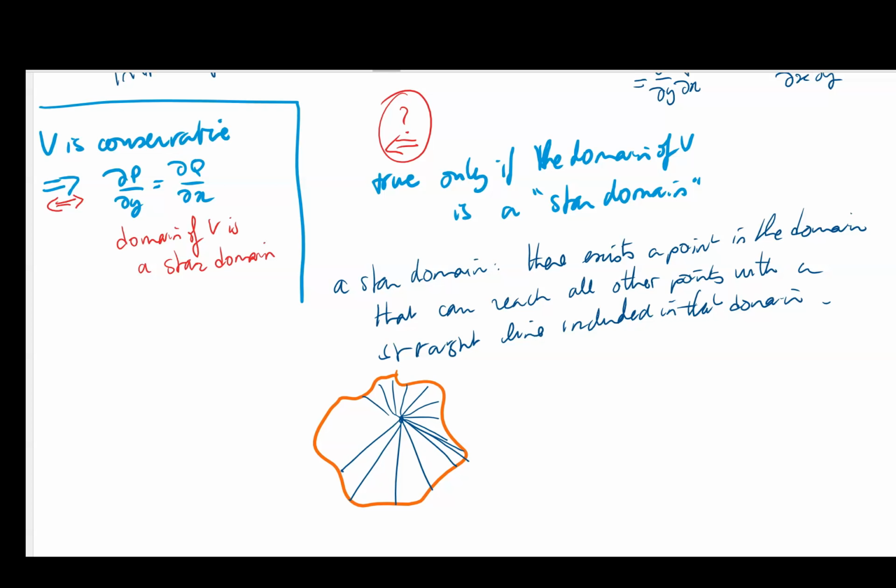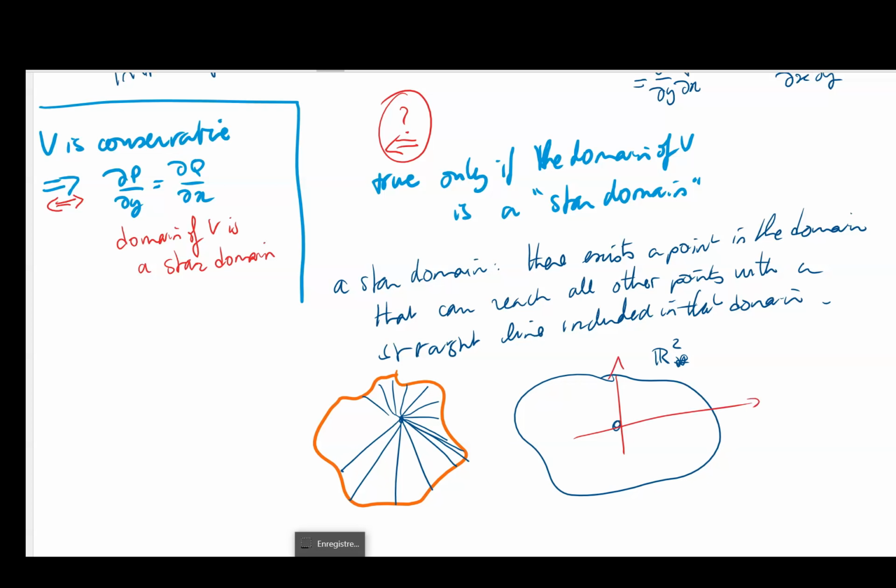So that seems a bit peculiar, but the thing is that we want to exclude things like, for instance, this kind of thing in R2 star, more precisely. So I'm in R2 and I have a domain where I have, for instance, excluded the 0. Okay, so my domain is included in R2 star, right?